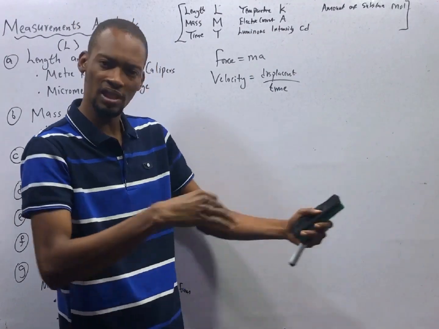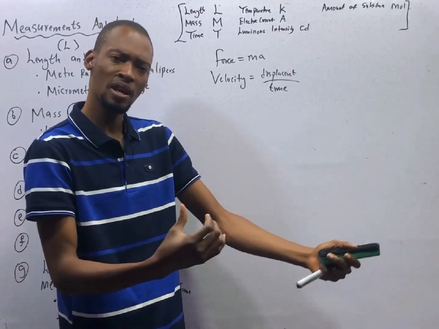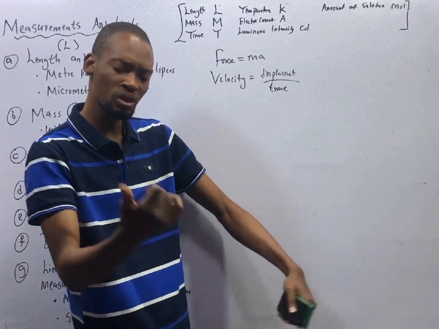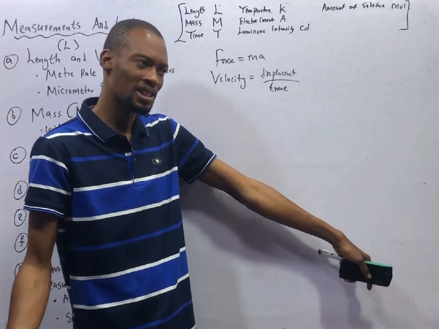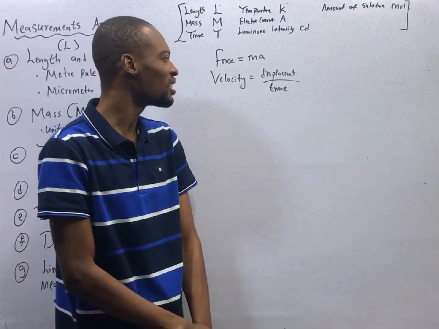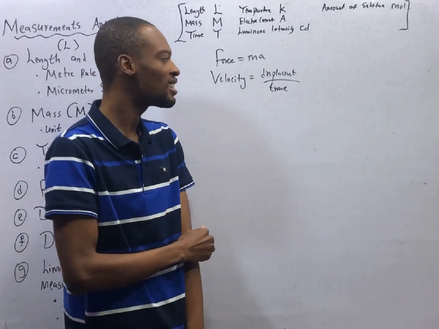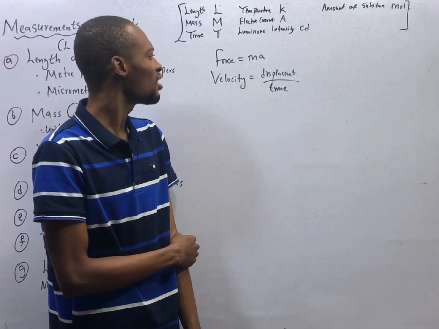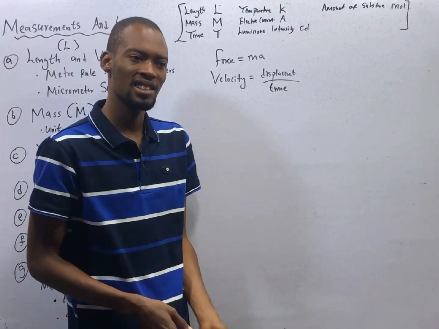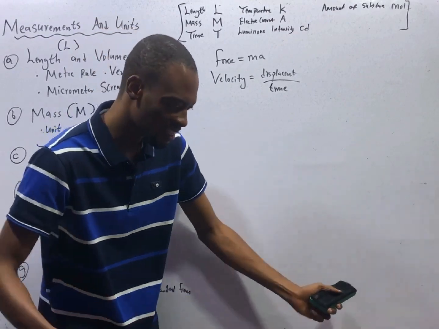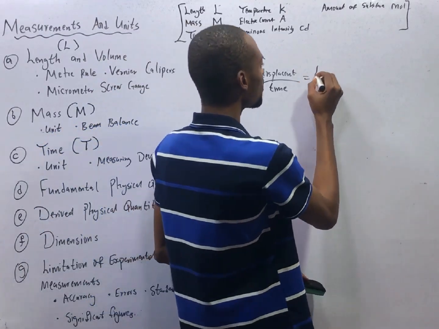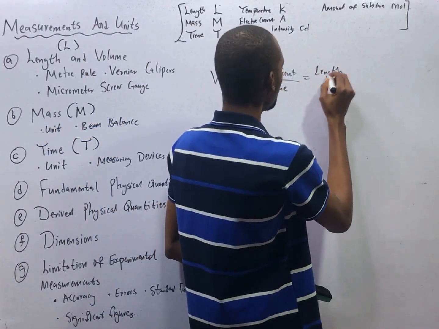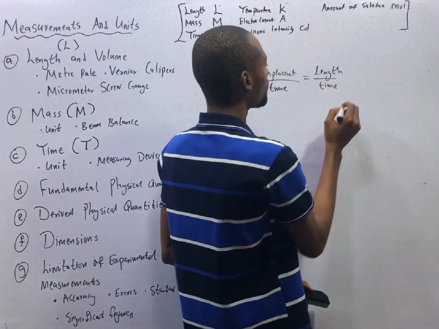Displacement speaks of distance, the ground covered by an object, like the difference between the starting point of an object to the ending point of an object. That is displacement, the distance covered in a specified direction. And distance speaks of length. Distance, space, length, that is about length, which means this is like saying length over time.